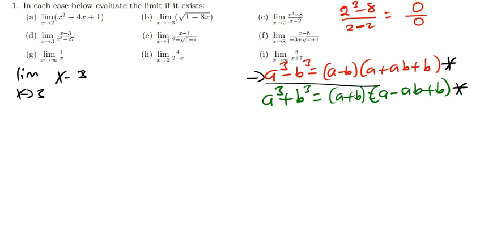Then on the denominator we have x to the power 3 minus 27.